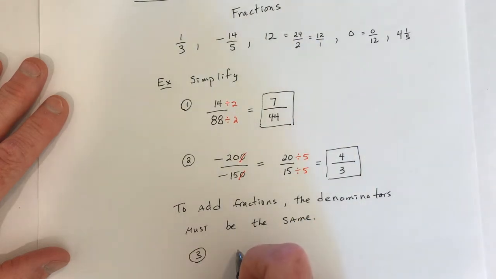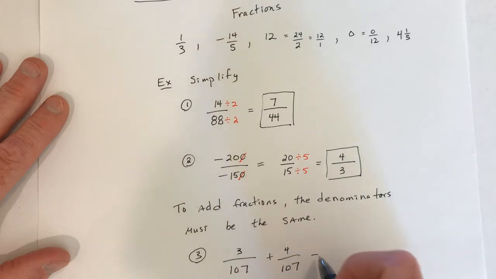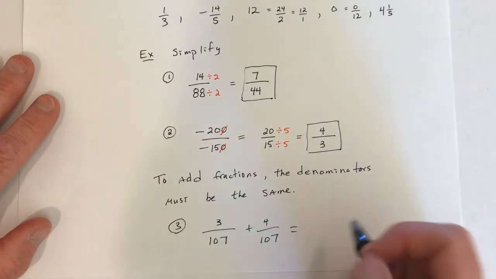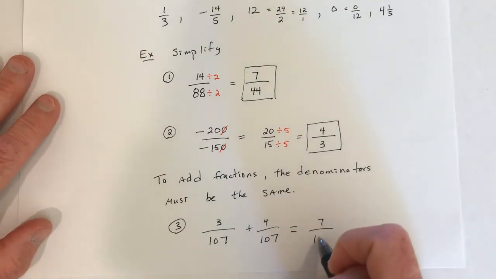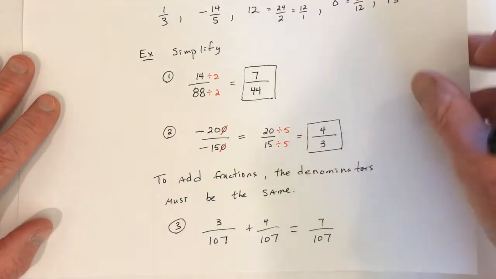So for example, number 3, if it was 3 over 107 plus 4 over 107, then that equals 7 over 107. But the denominators need to be the same. If they're not, then you need to get them to be the same by multiplying the top and the bottom by something.